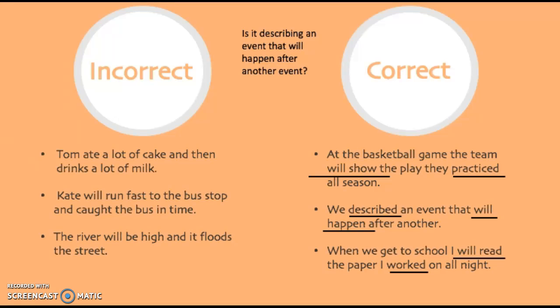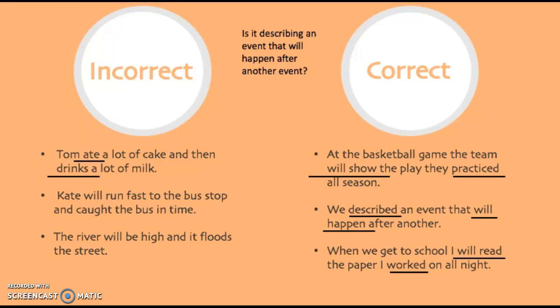Okay, now looking at these incorrect shifts in verb tenses. So Tom ate a lot of cake and then drinks a lot of milk. So Tom ate a lot of cake, and then let's get the verbs underlined there so you can put emphasis on them, and then drinks a lot of milk. So there is a shift in verb tense here, but is it correct? Is it describing an event that will happen after another event?